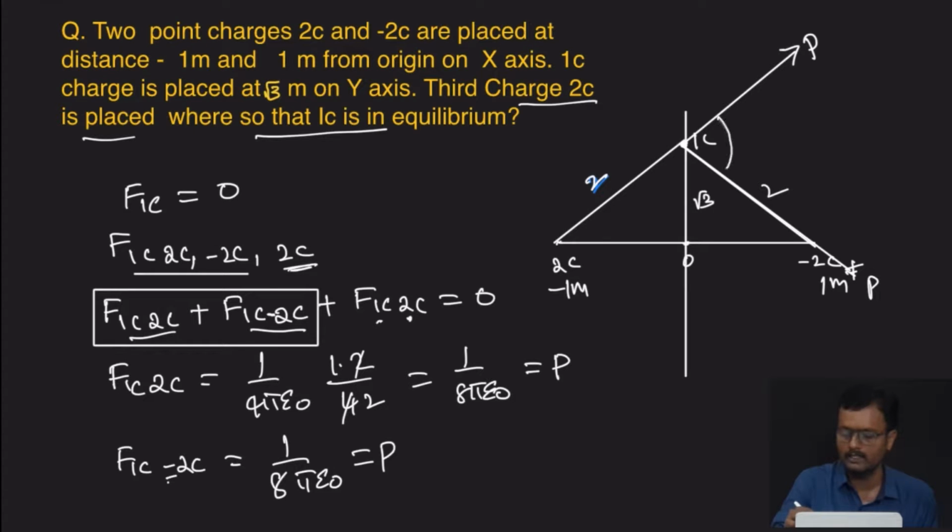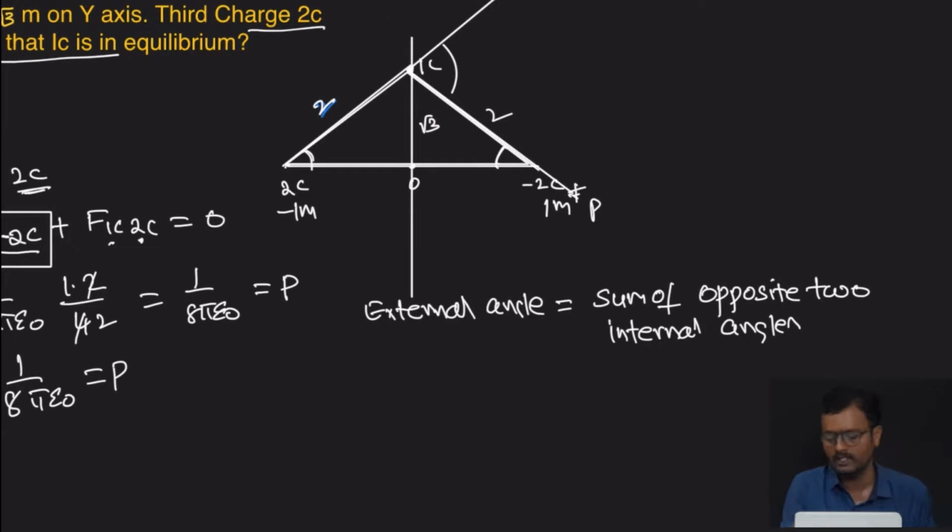See what the angle is here. What is the angle between the two force vectors? The external angle of this triangle is equal to the sum of the opposite two internal angles. These are the two internal angles, and both are equal. So what is this angle? Look here, this is a right angle triangle. The opposite side is root 3, the adjacent side is 1, so tan of that angle is root 3 by 1.